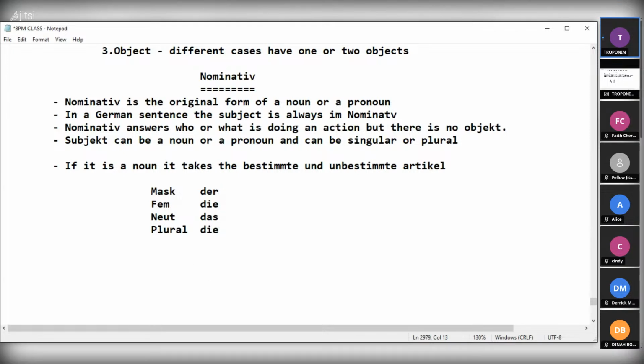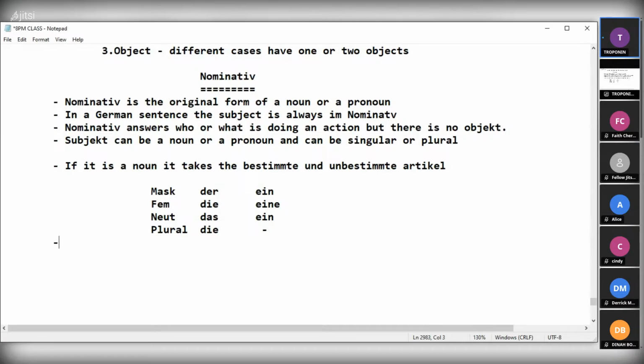So masculine here takes ein, feminine takes eine, then das takes ein, then this one. So this one does not exist like this. Okay.